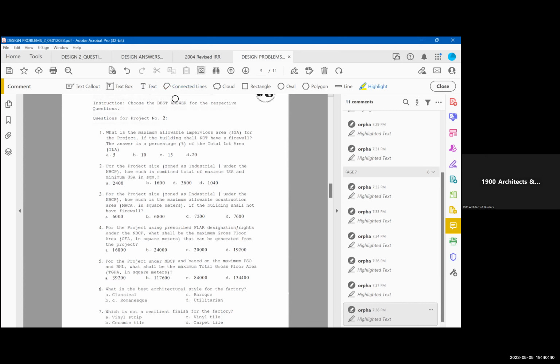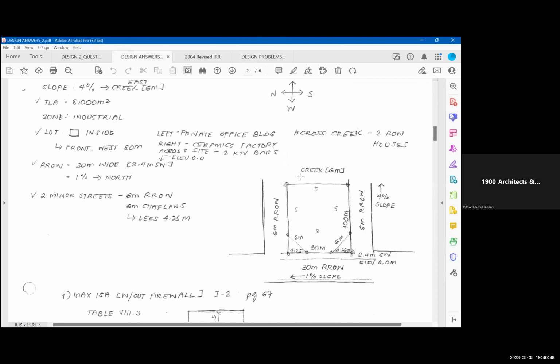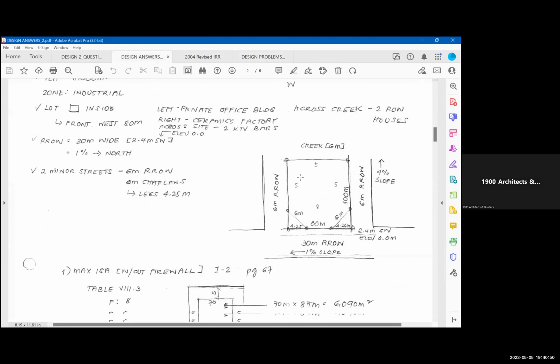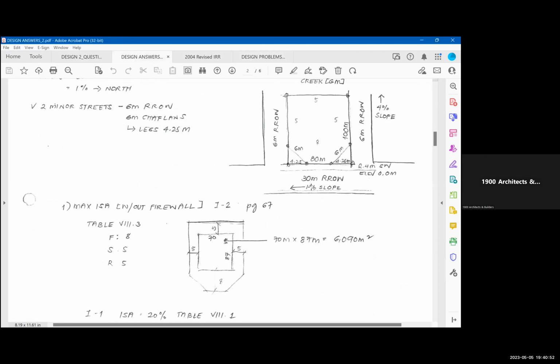So, what is the maximum allowable? Okay. So, refer ulit tayo sa table 8.3. So, makukuha natin yung mga setbacks dun.